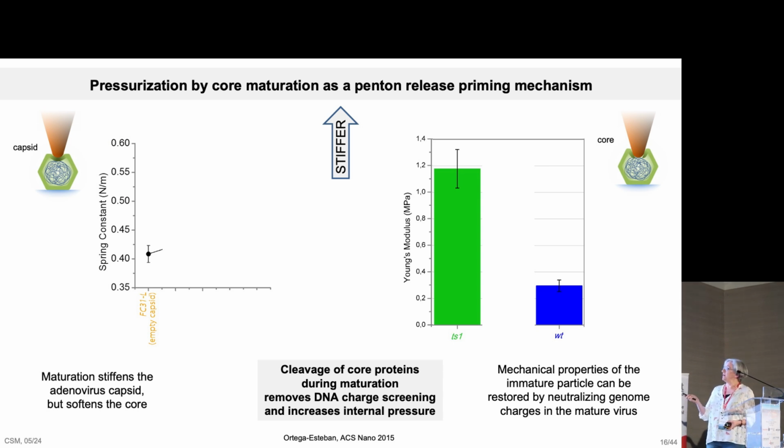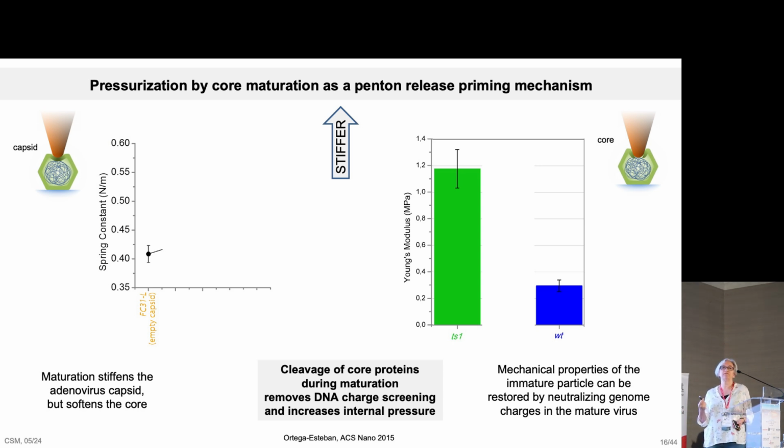And we see that when the particle matures, the capsid from outside becomes stiffer, but the core becomes softer. So the core decondenses again. And then the next question is, okay, this increase in stiffness is not because the core becomes stiffer. So it agrees with the hypothesis of internal pressure.